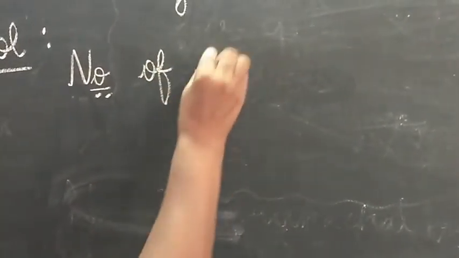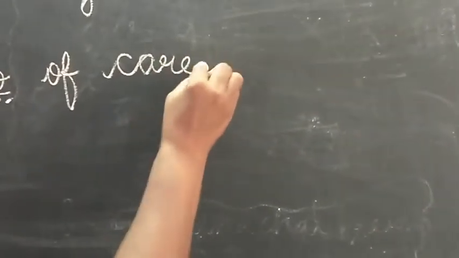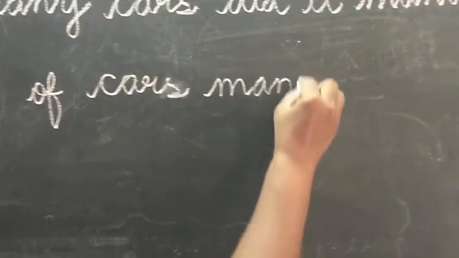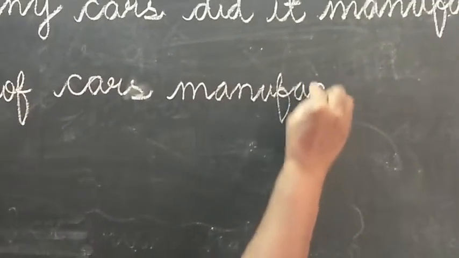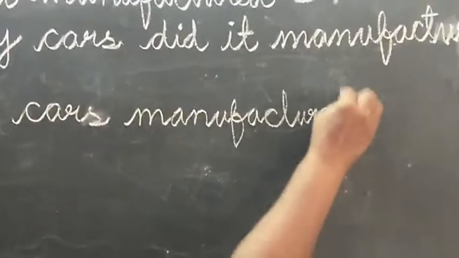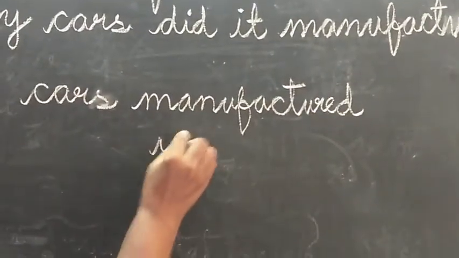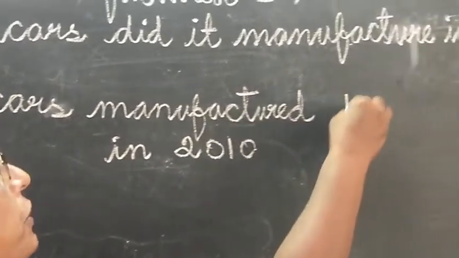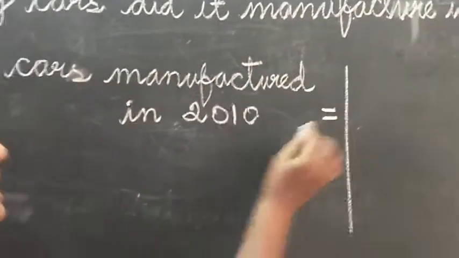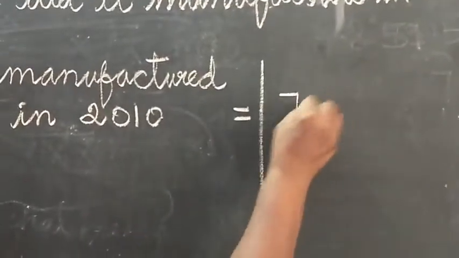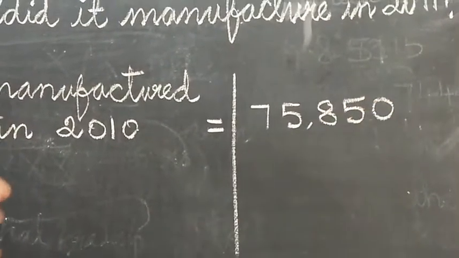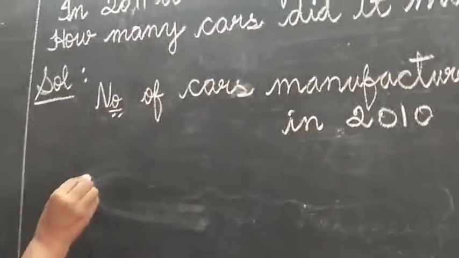So number of cars manufactured in 2010. So here also you can draw a line like this. So equal, how many cars, children? 75,850 cars.